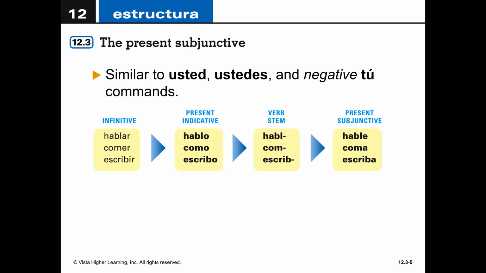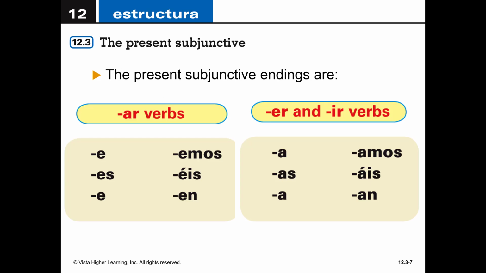So for hablar, there are going to be endings that are similar to e. For example, hable. I'm going to show you the rest of them in a minute. For comer and escribir, because they end in er and ir, the present subjunctive endings are going to start with a. Like this. For hablar, all of the endings are e.